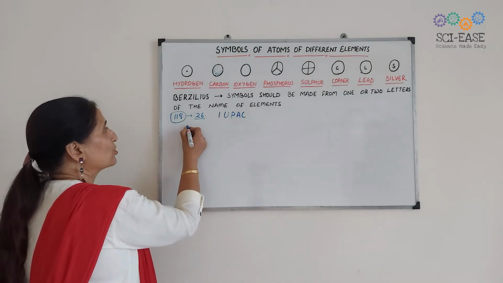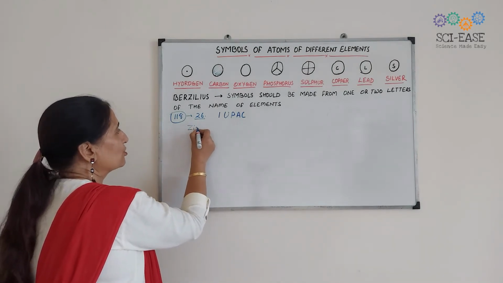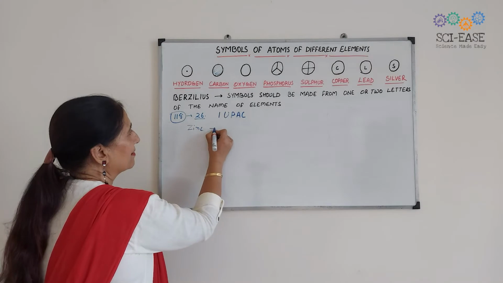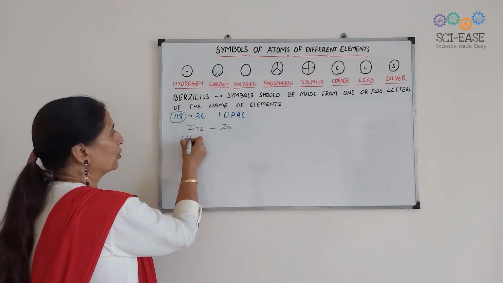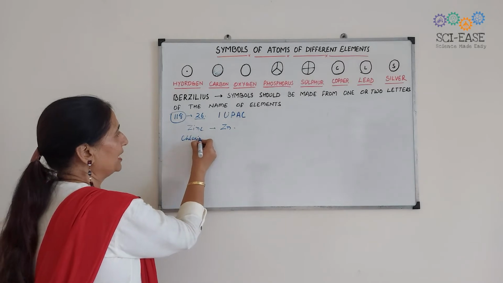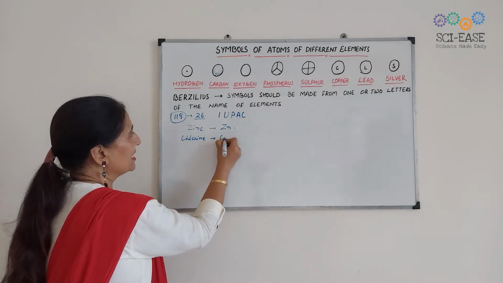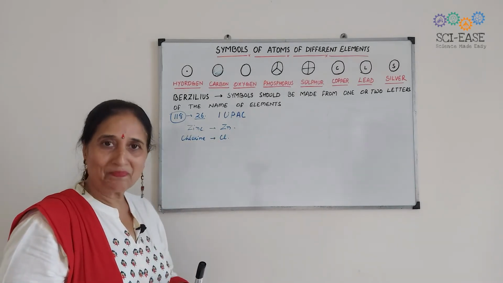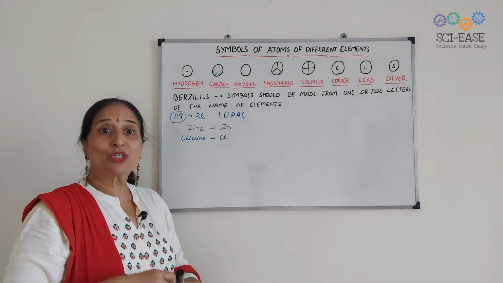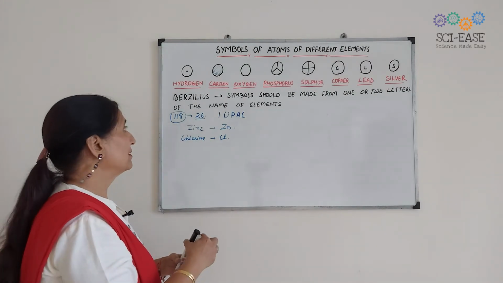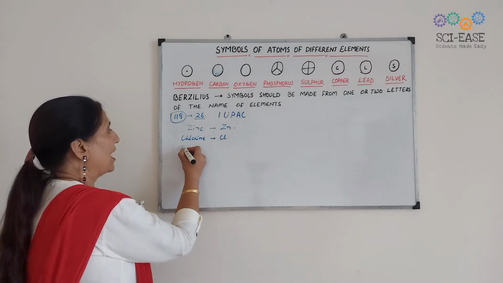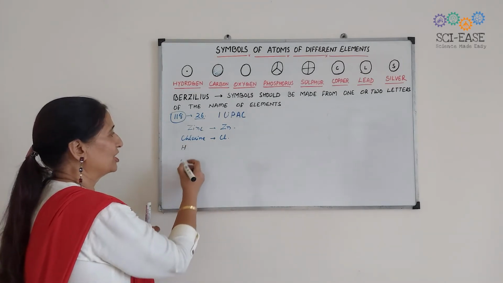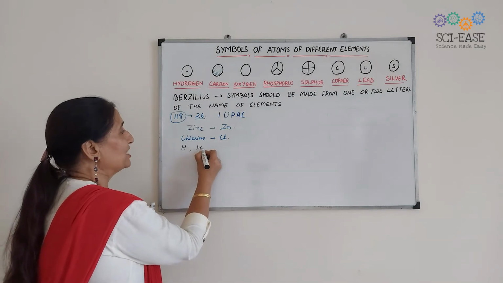Like you take the case of zinc. In case of zinc, Zn, so the third letter is taken. In the case of chlorine also, Cl is the symbol. So, first is hydrogen, which has symbol H. Helium, He.